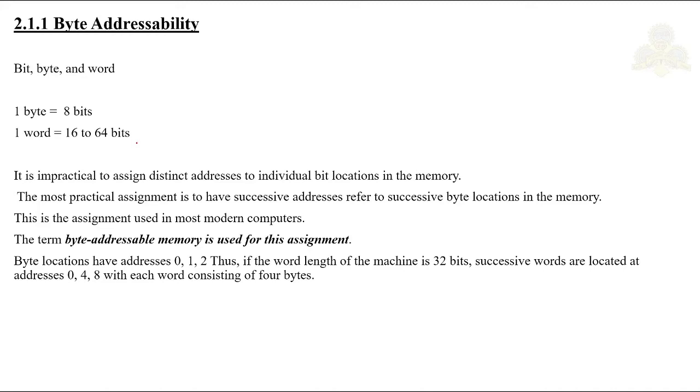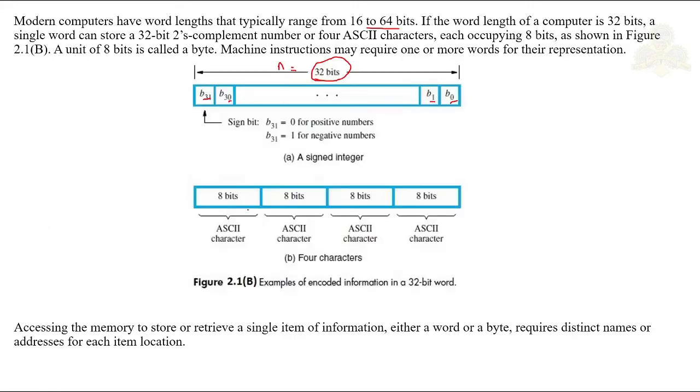This assignment is used in modern computers, and we call it byte addressability. For example, the byte locations have the addresses 0, 1, 2 and so on. If the word length of the machine is 32 bits, then successive words would be located at addresses 0, 4 and 8. Each word would consist of 4 bytes.